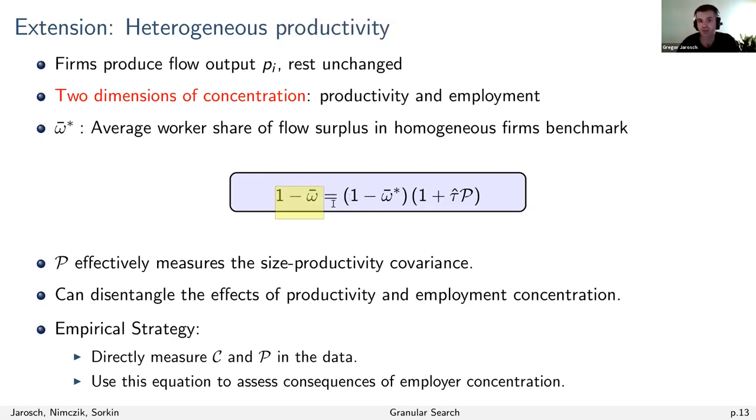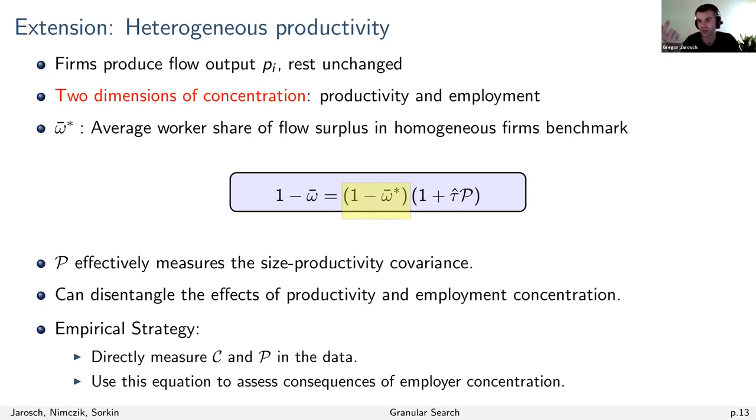It turns out to be average profits in the baseline model, the equation I showed you earlier, times 1 plus this wedge, where you should think of this additional wedge, mathcal P, as picking up the size-productivity covariance. So what does it mean? Well, you have your benchmark expression for profits.